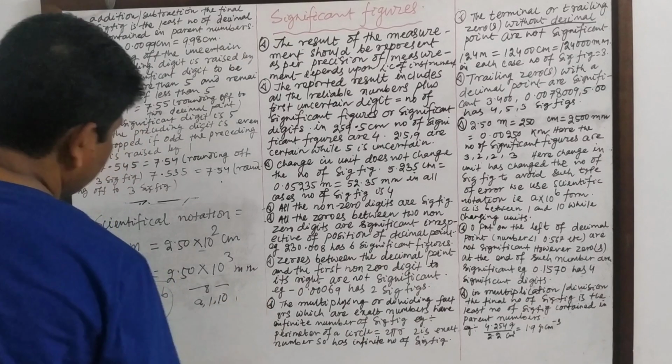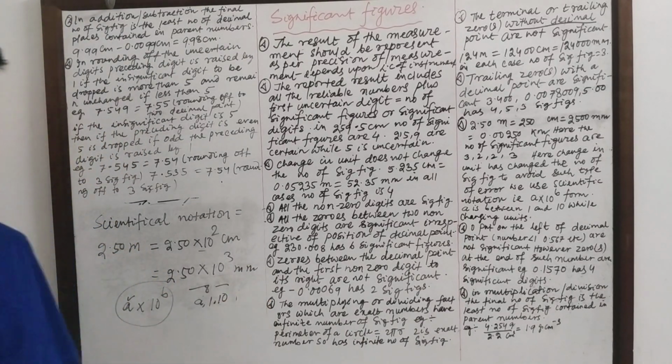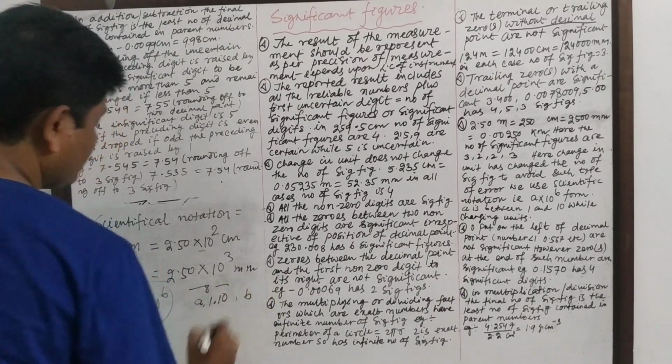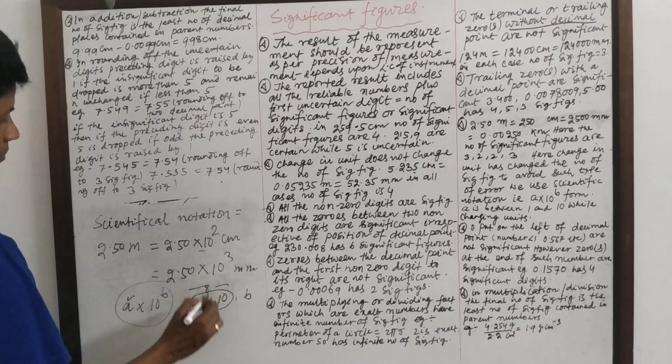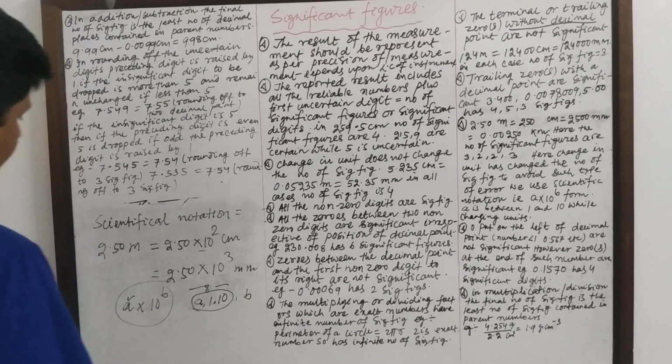Sorry, a should be between 1 and 10 and b is the power. a should be between 1 and 10.